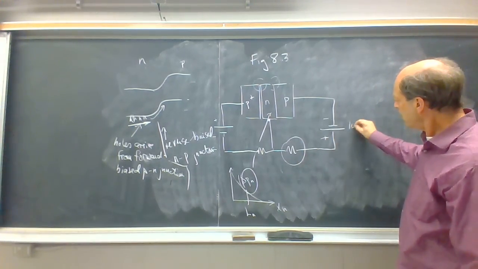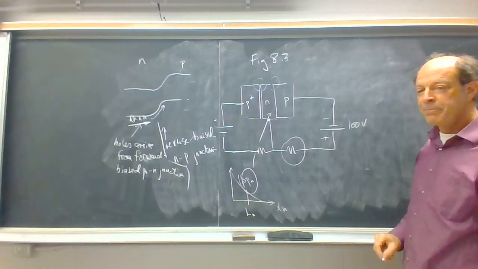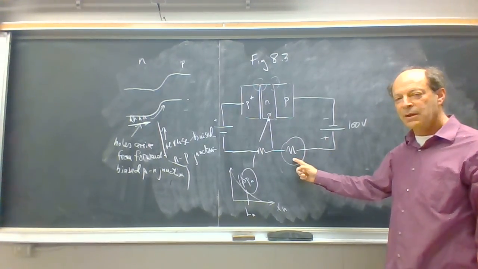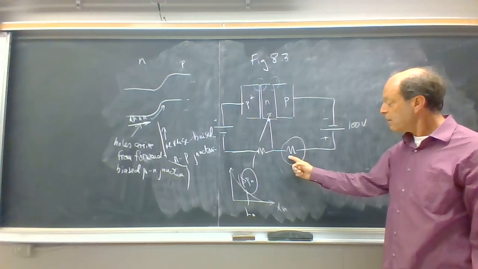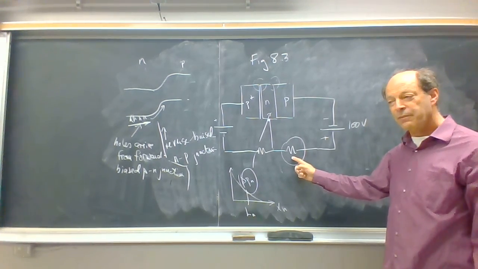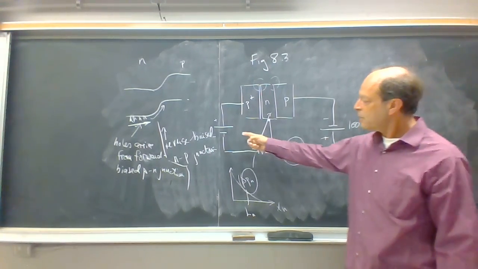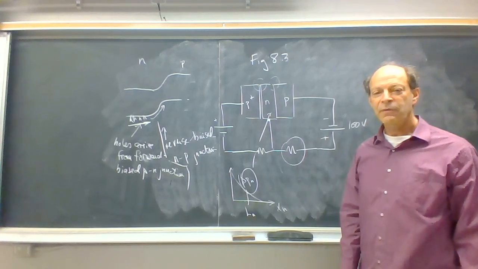You could put 100 volts here, and now you can control the current through this resistor and end up with between perhaps 0 and almost 100 volts across this resistor, and you've only changed this voltage by a fraction of a volt.